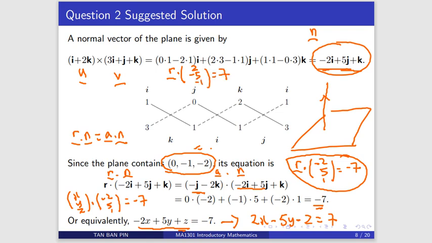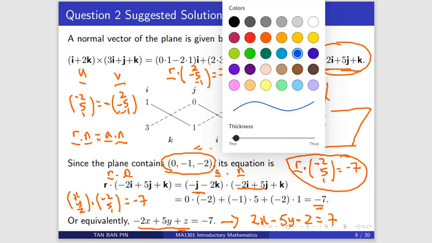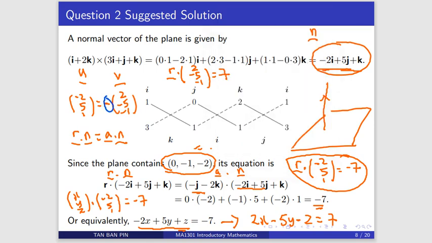That means you can take out a minus sign from (-2, 5, 1), which gives -(2, -5, -1). Then you can cancel the minus with the minus sign of 7 to give you this answer, r dot (2, -5, -1) equals 7. Both answers are correct.